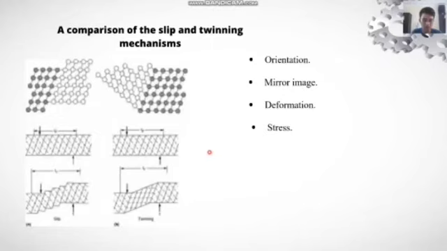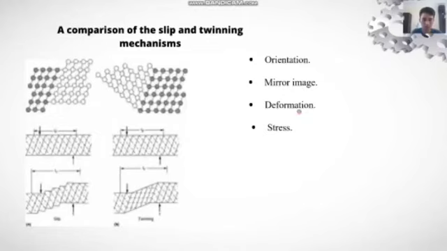Mirror image. Atoms in the twinned portion of the lattice form a mirror image with the untwinned portion. No such relationship exists in slip.